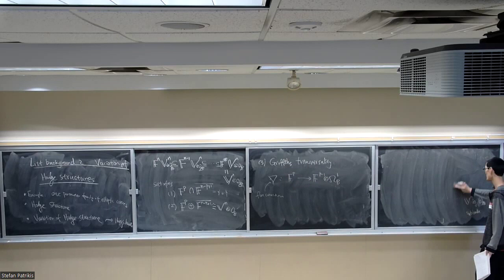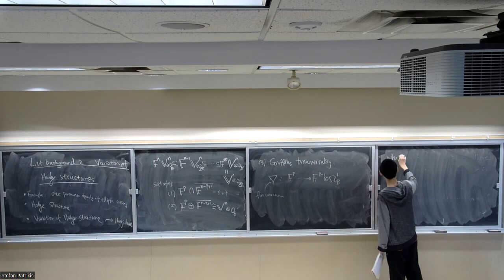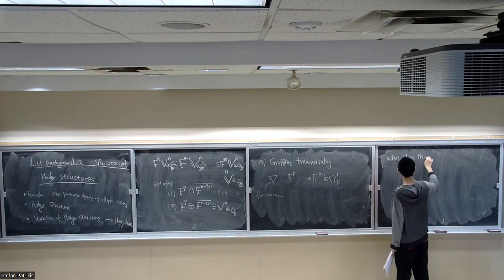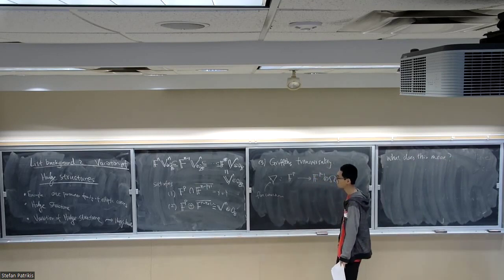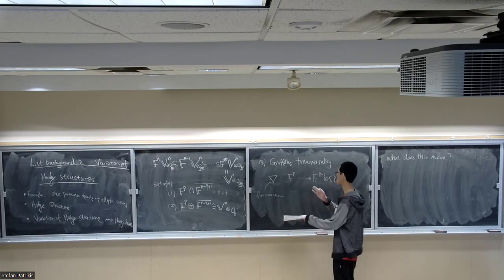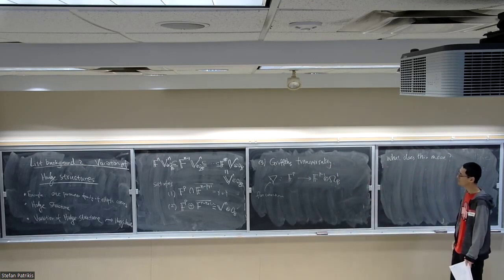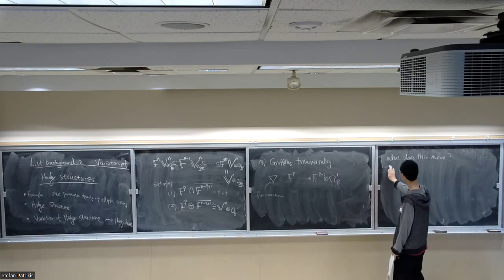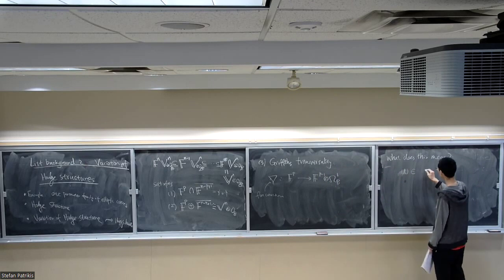So what does this mean? Formally, you have a filtration of holomorphic vector bundles, and you take the derivative, and you just get back to the upper piece. But from the point of view of differential forms, take omega in the relative differential forms.